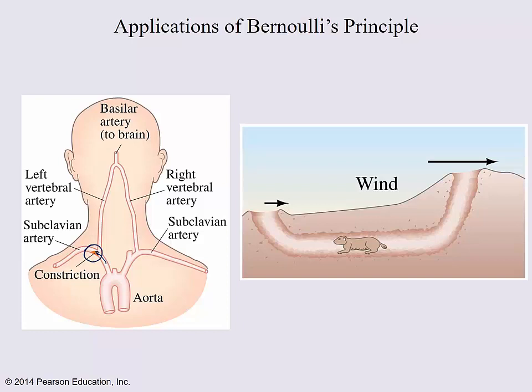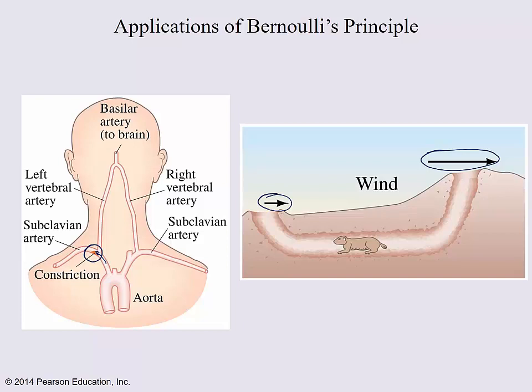Now, if we look at this little hedgehog here, he's hiding in his burrow. The air flows across the top of the burrow down here and up here. Those two openings provide the needed circulation to the underground burrow because, again, as air flows, there will be less pressure.